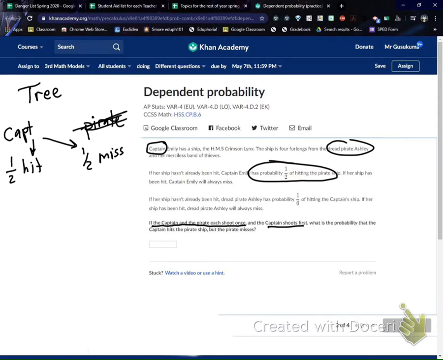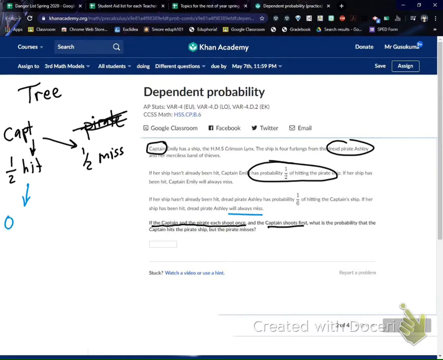All right, and it says, if her ship hasn't already been hit, Dread Pirate Ashley has a 1/6 of hitting the captain's ship. If her ship has been hit, Dread Pirate will always miss. So, after the captain has fired, then we have a return fire by the pirate. And if a hit happens, this says that they will always miss.